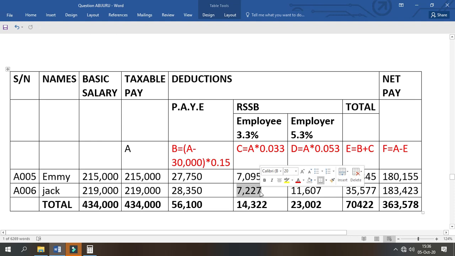So the total employees' contribution portion to the Rwanda Social Security Board is equal to 14,322.